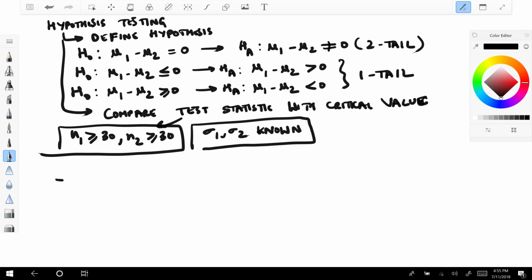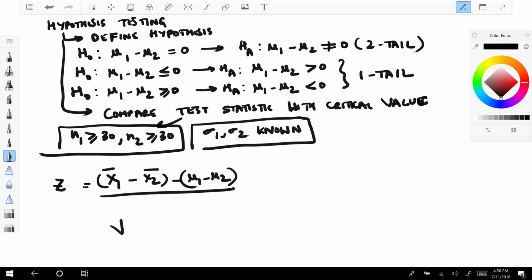Then our z-stat formula would be x1 bar minus x2 bar minus mu1 minus mu2, divided by square root of sigma 1 square by n1 plus sigma 2 square by n2.